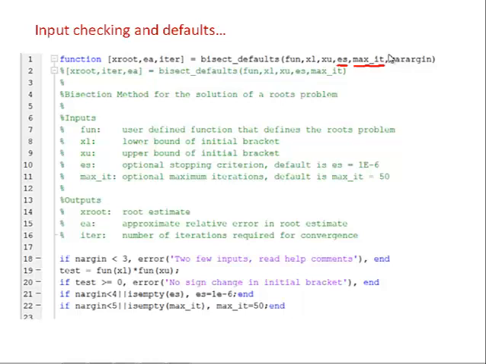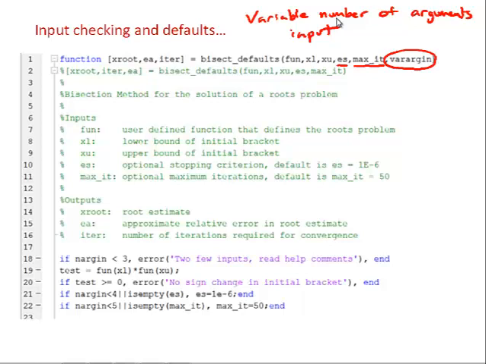We've also added this new variable called varargin, and that's short for variable number of arguments input. And it's a special MATLAB command that's what allows us to have a variable number of arguments.